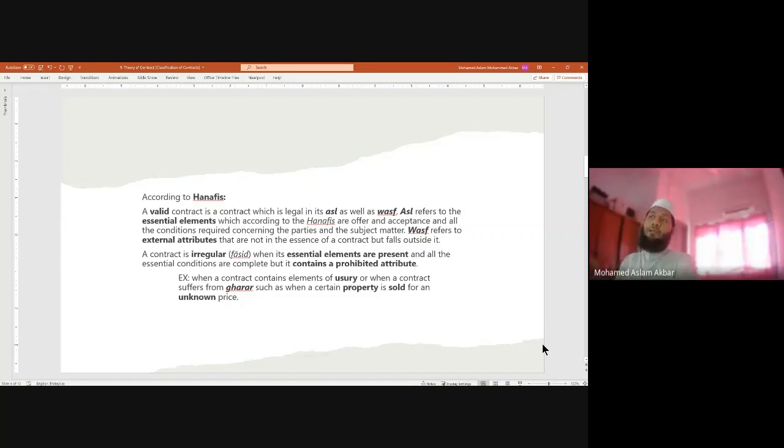Yeah. This question is not coming from this. It has to come from the original class. We studied in the theory of contract the 3 pillars of contract, right? Yes. This is the original question.